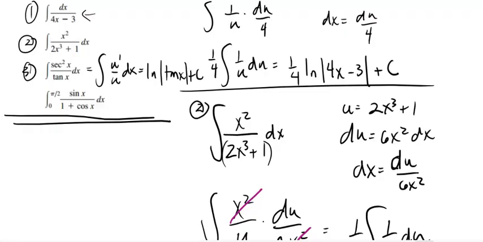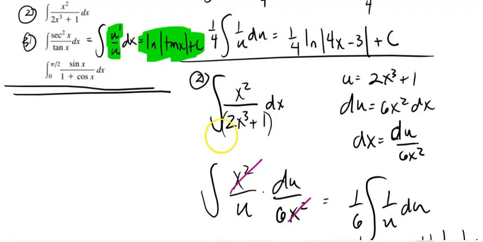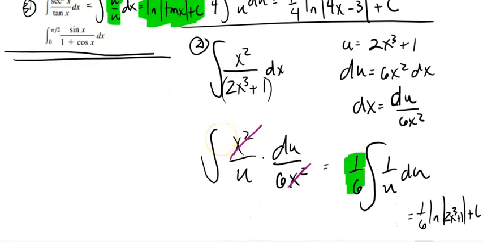So you might like that a little better. That's pretty quick, right? But it's not always u prime over u. This one was 1/6 u prime over u, or some kind of multiple of u prime over u.